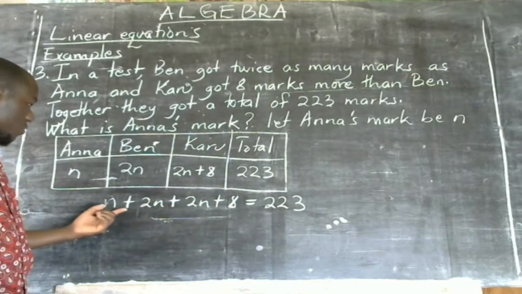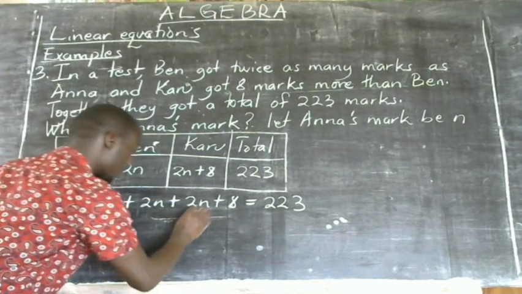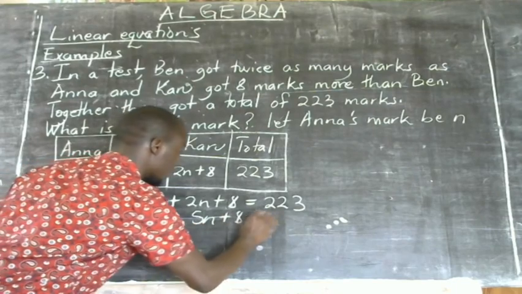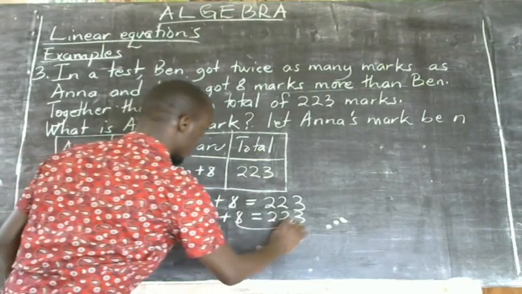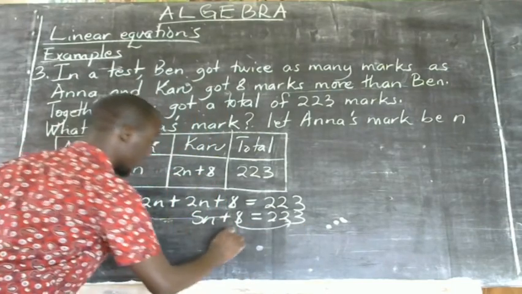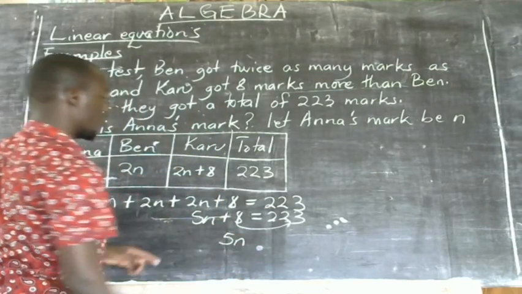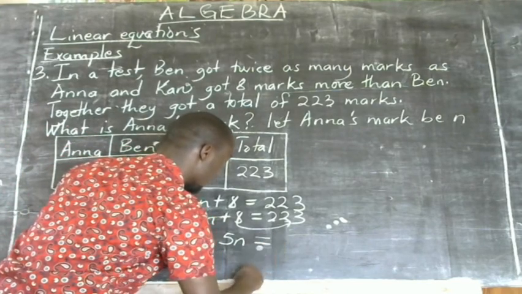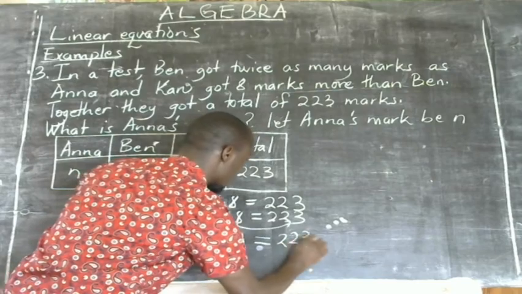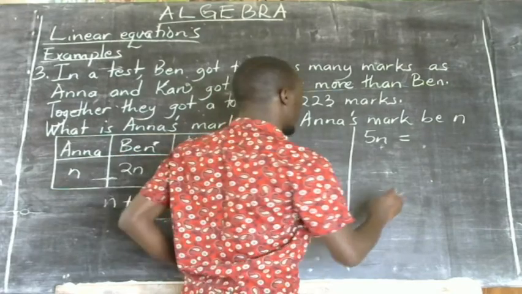When I add the unknowns there, they're going to give me 5n plus 8 is equal to 223. I'm going to take the 8 to the other side of the equation. So this one here, 5n is going to be equal to 223 minus 8.